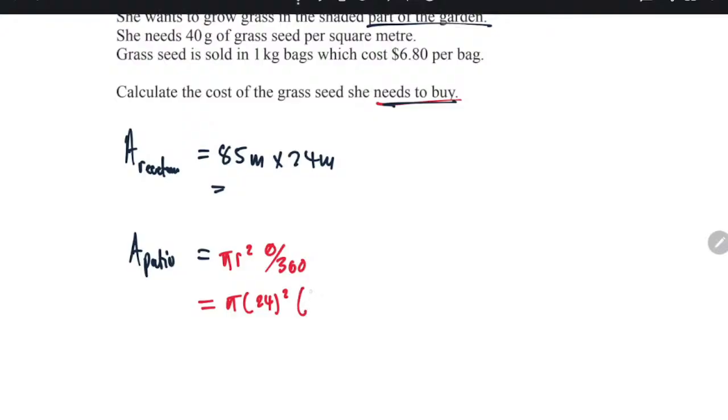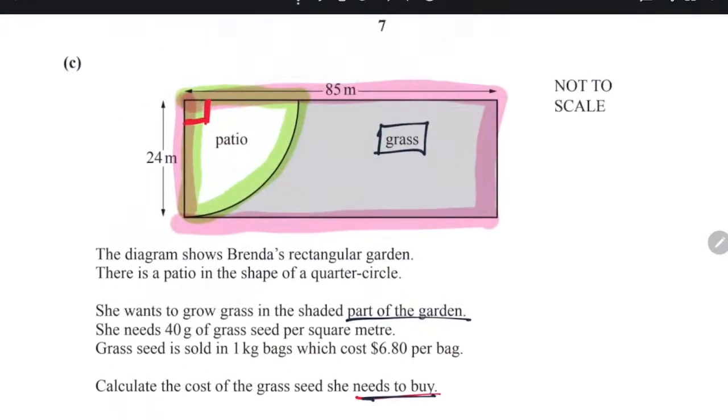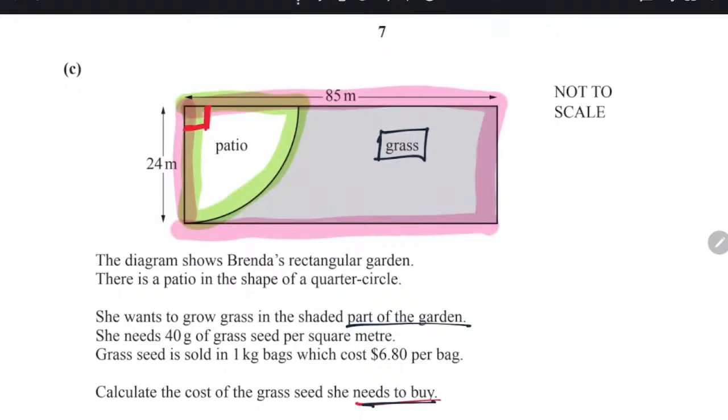So here it would be theta over 360, which is 90 divided by 360. Okay? Which is going to be pi times 24 squared times 1/4. Because 90 over 360 is 1/4. You understand? You divide this by 360. Okay?